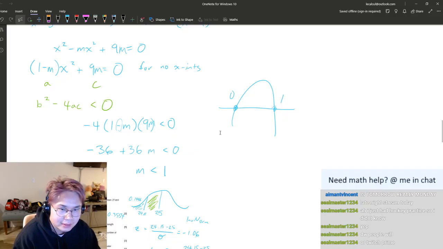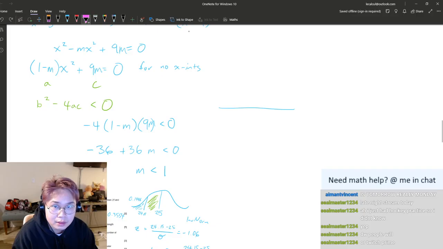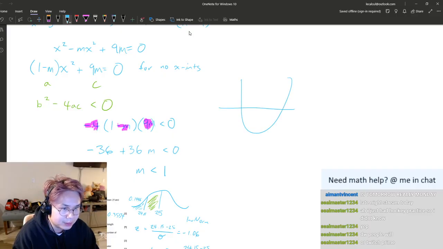Oh wait, this should open upward. Jeez. Okay, your leading coefficient is going to be these three factors together, which is a positive leading coefficient, so your quadratic opens up.